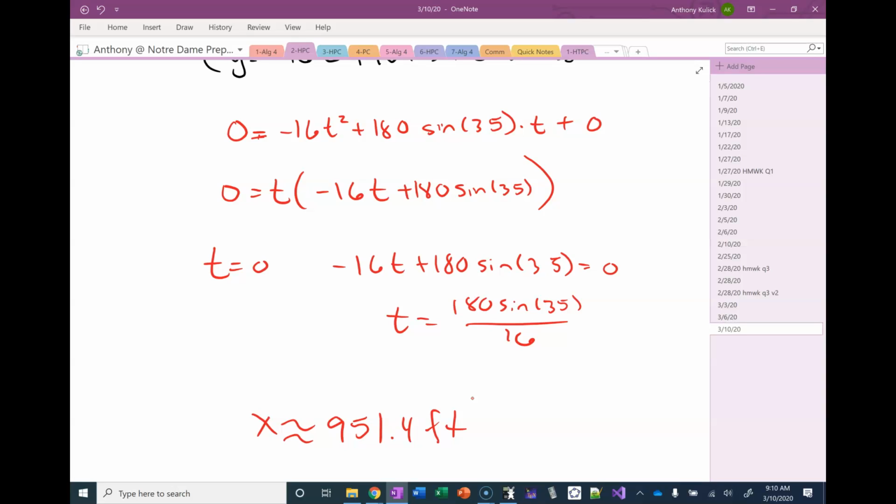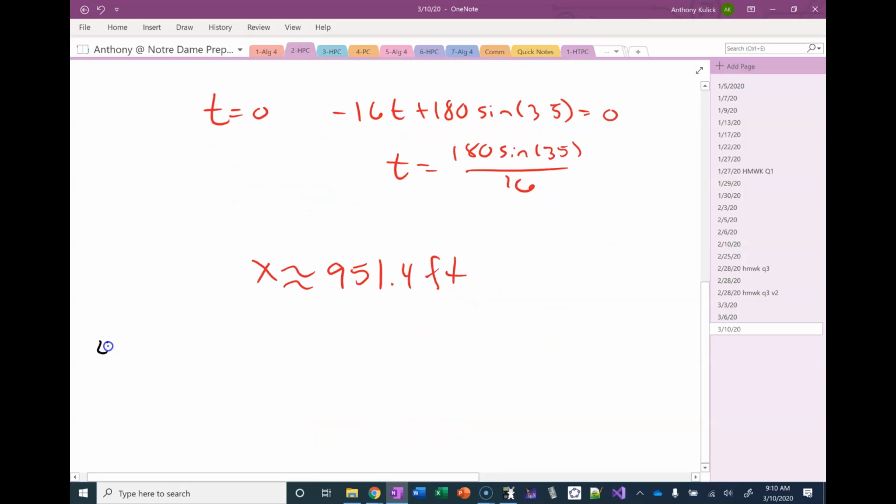Other questions from this assignment? Maddie? 44. Matt hits a baseball when it's 3 feet above the ground with initial velocity of 115 feet per second.